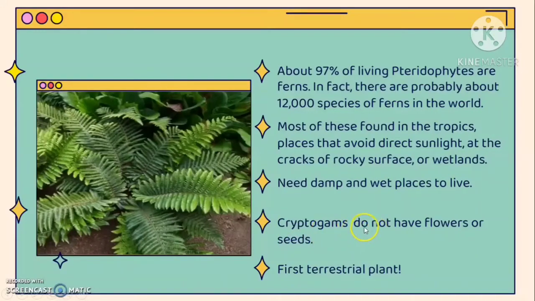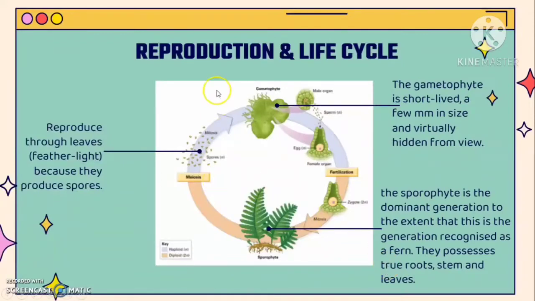Cryptogams do not have flowers or seeds, and they are the first terrestrial plants.